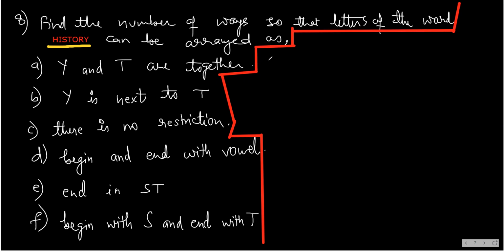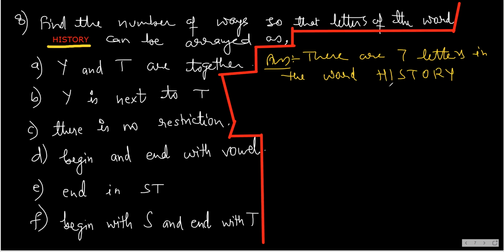So here I will start with my answer. I will write: there are 7 letters, 1 2 3 4 5 6 7, 7 letters in the word HISTORY.